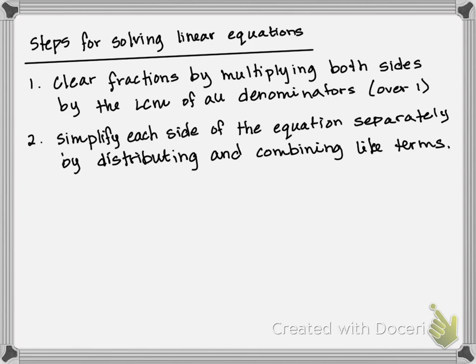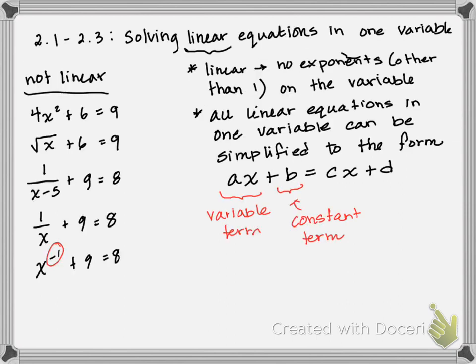We're simplifying each side separately, just like we did the expressions yesterday. Notice when I wrote my equation here, each side is an expression on its own. So we can do exactly what we did yesterday, simplify using order of operations, and we will end up with an equation in this form.